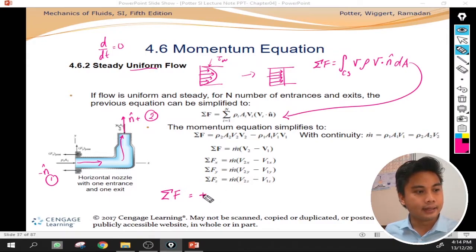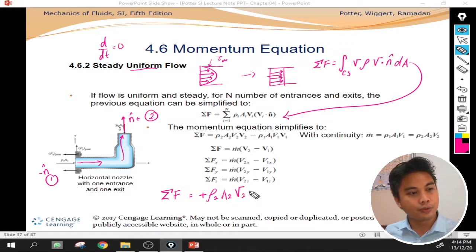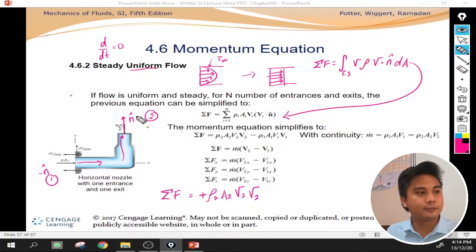And positive rho 2 A2 V2 V2. The n is referred to this value, which is positive, which when we substitute is 1. It is a unit vector, normal to the surface.